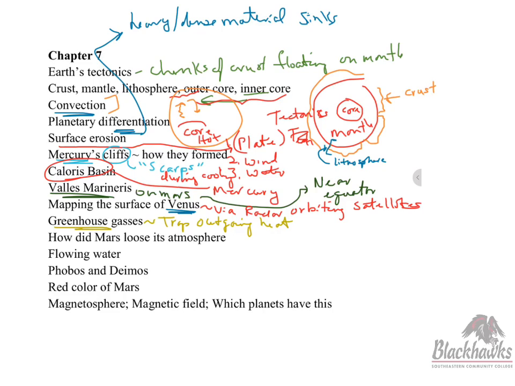They serve as a blanket, like we put a blanket on at night to keep our heat in. They're not only on Venus, they're on Earth too, but they talk about the greenhouse effect all the time. That's what makes Venus so hot.